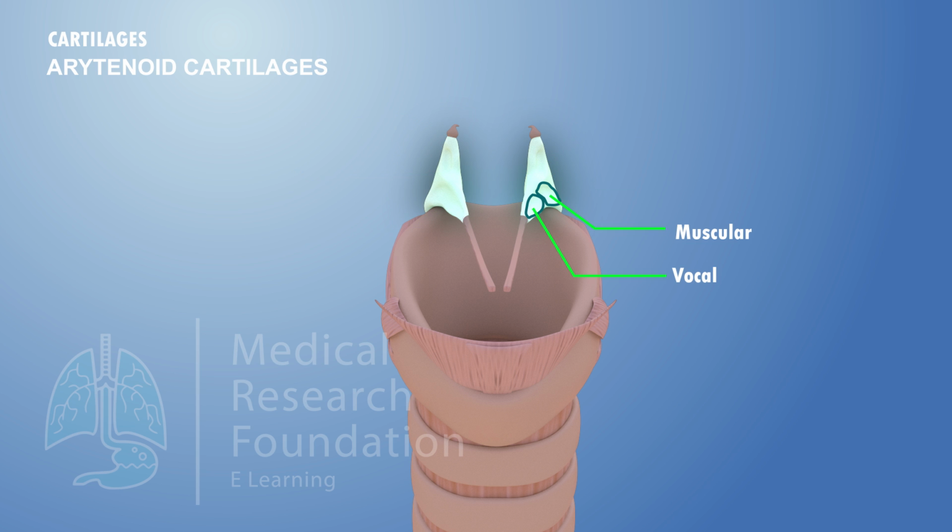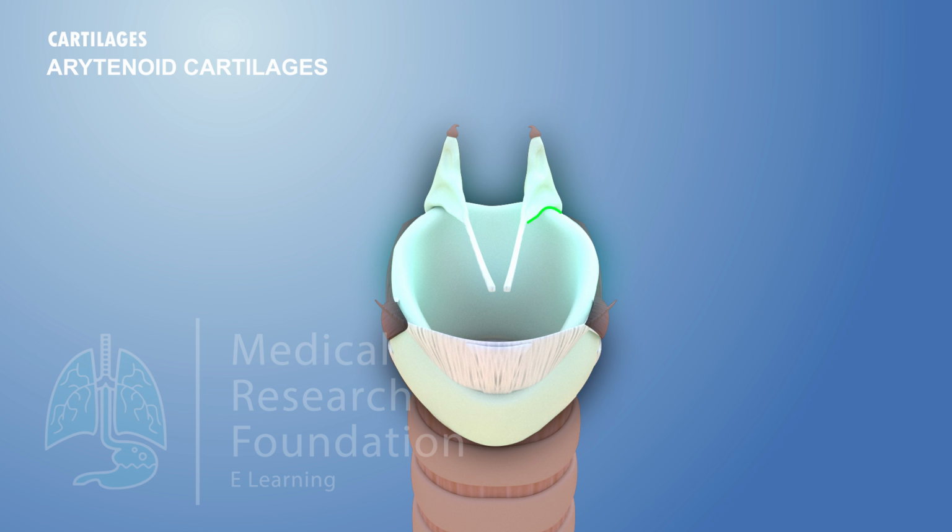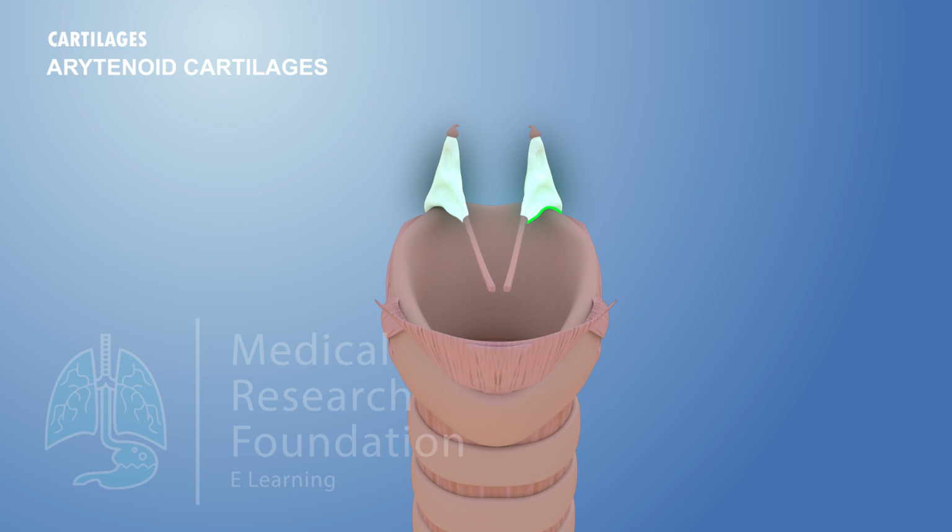The muscular process projects laterally and backwards, whereas the vocal process is directed forwards. The base is concave and articulates with the upper border of the lamina of the cricoid cartilage. The base is prolonged anteriorly to form the vocal process and laterally to form the muscular process. The apex is curved posteromedially and articulates with the corniculate cartilage.